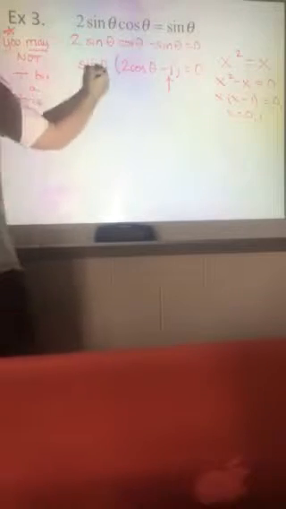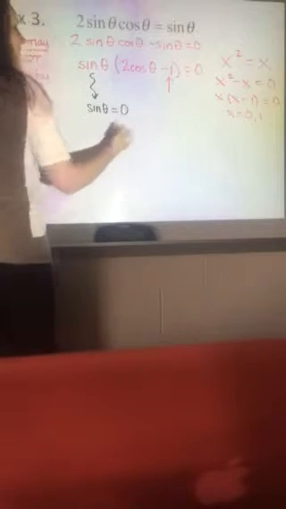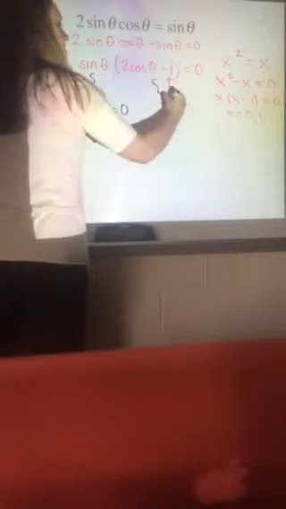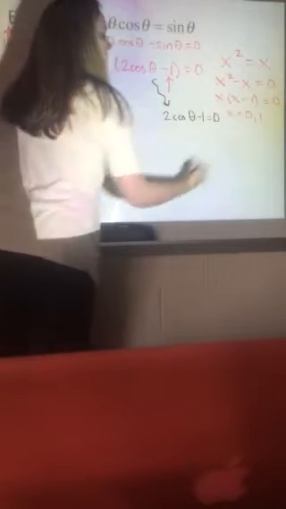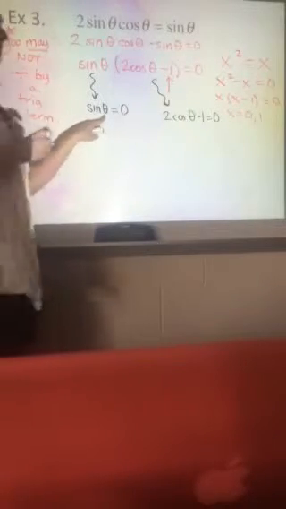We're going to do the same thing here. So I'm going to take sine theta, set it equal to 0, and then I'm going to do a separate equation which says 2 cosine theta minus 1 equals 0. On my unit circle, notice I've switched to theta so my answer can be in degrees.